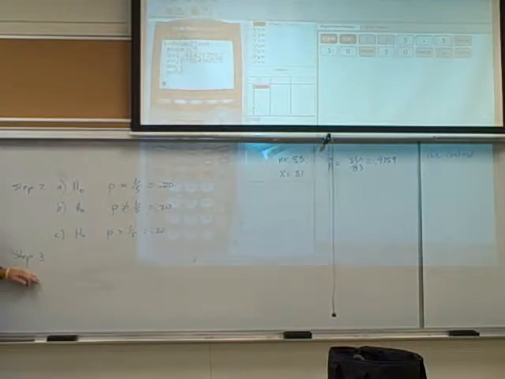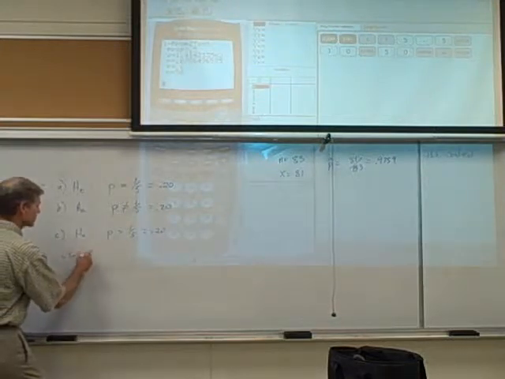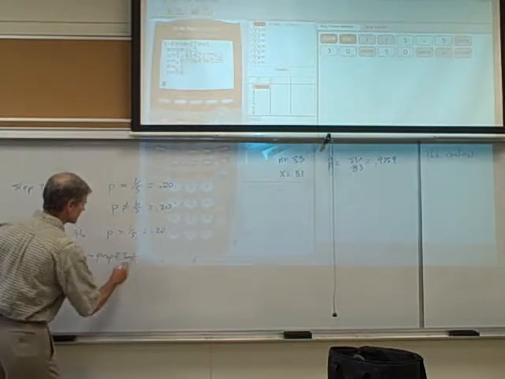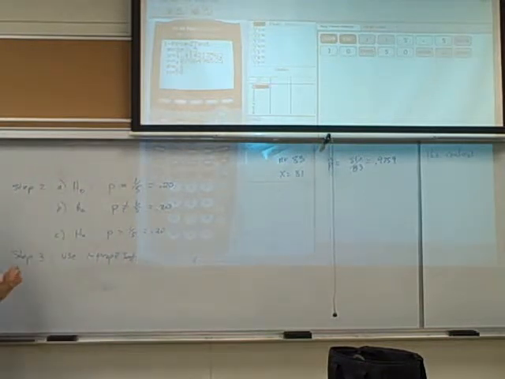Determine the correct step or procedure to use on the calculator, which is the same as it was this whole section, which is what? Use one prop Z test. Okay? Step 4. Compute the test statistic and the p-value from the data.